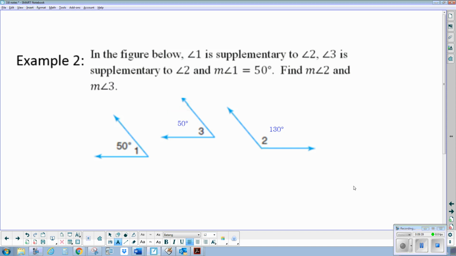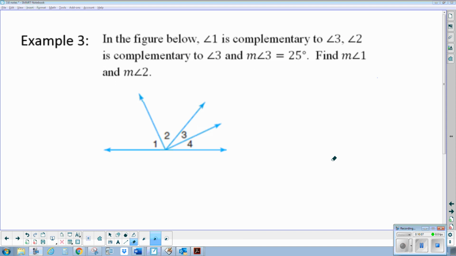So in this example, we know that angle 1 and angle 3 are congruent because angle 1 is supplementary to angle 2 and angle 3 is supplementary to angle 2, because they're supplementary to the same angle.